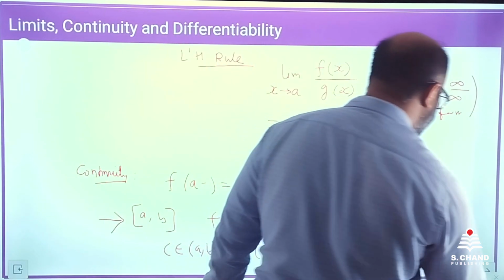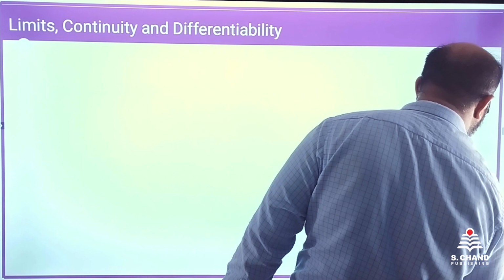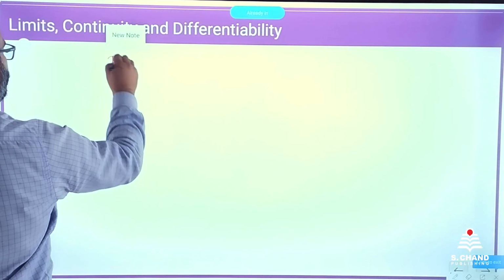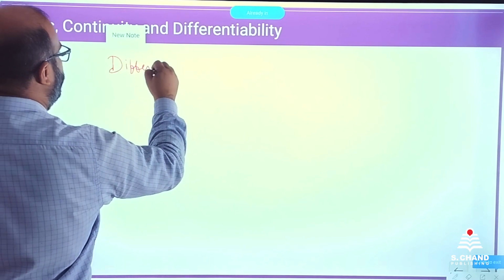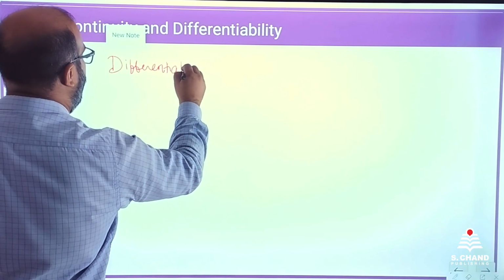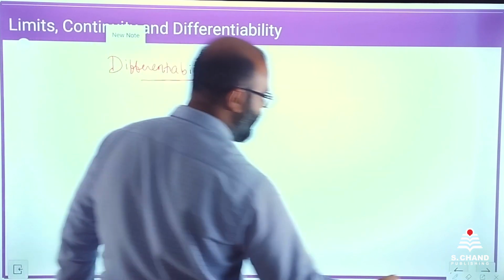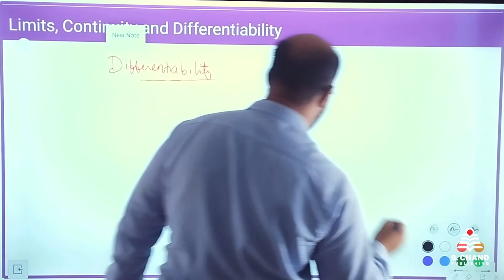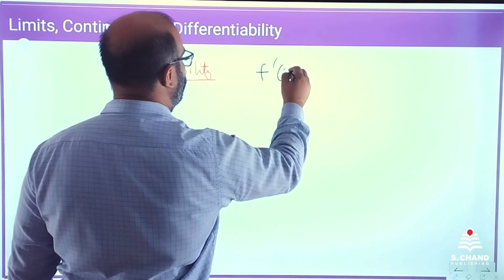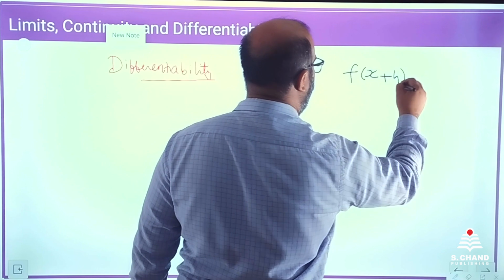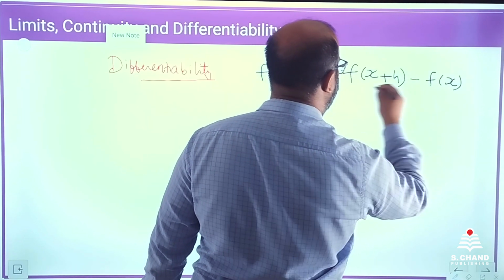Now we have another thing, which is differentiability. If we differentiate a function, we say that its derivative f dash of x is equal to limit h tending towards 0 of f of x plus h minus f of x by h.